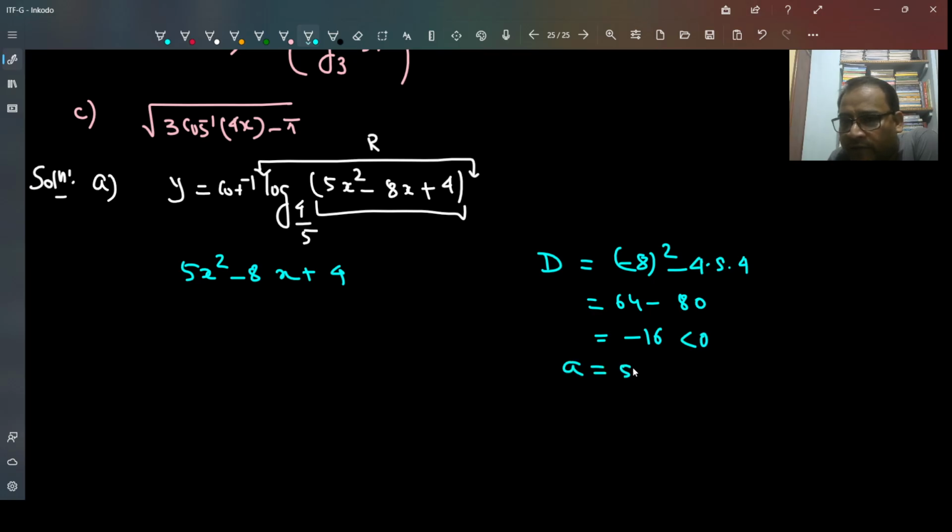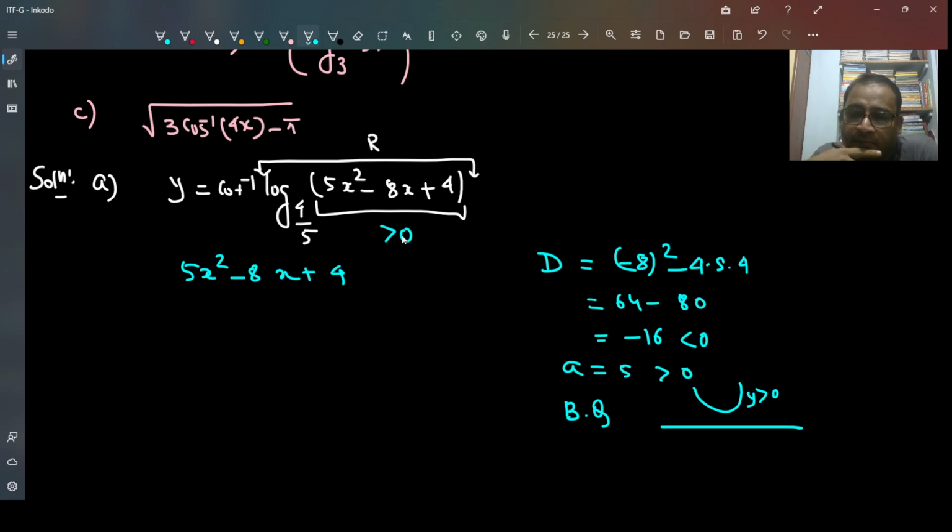Moreover, a is equal to 5, which is greater than 0. In the class, I told you that when a quadratic expression has a positive leading coefficient and a negative discriminant, it is called a beautiful quadratic, because it always lies above the x-axis and is always positive. Therefore this value is always positive.